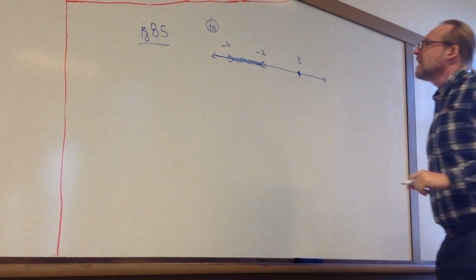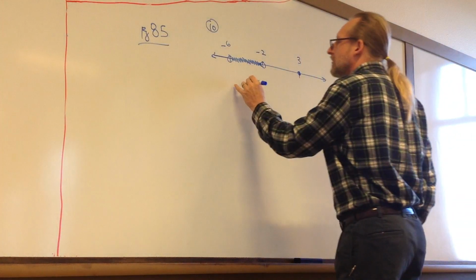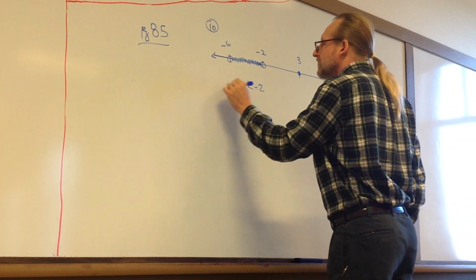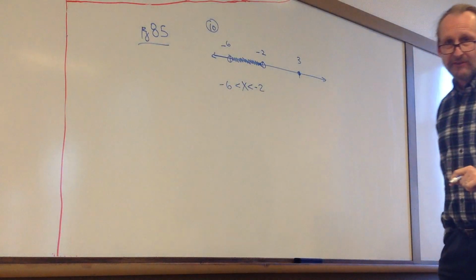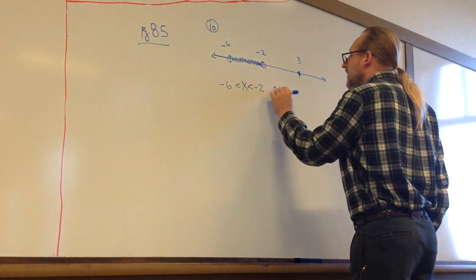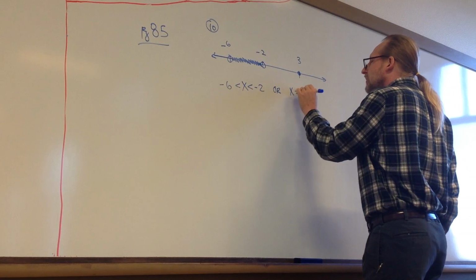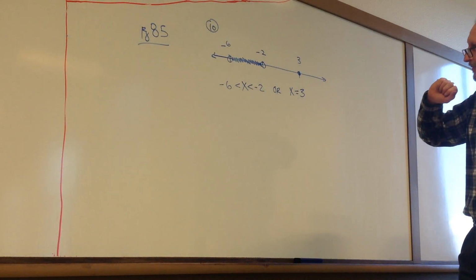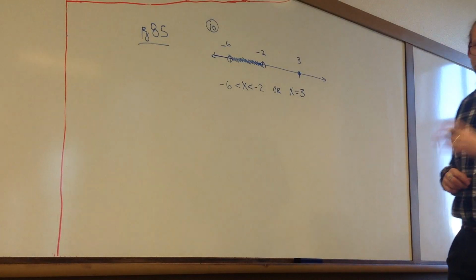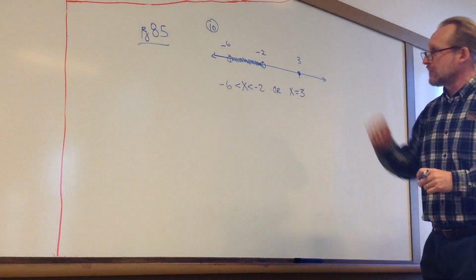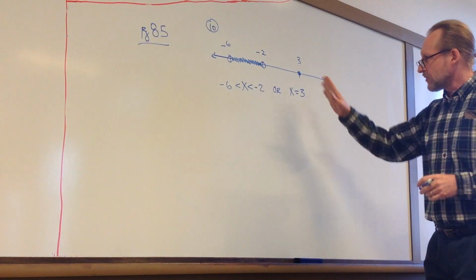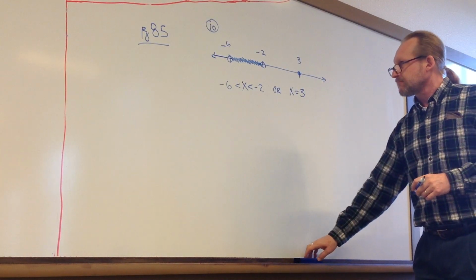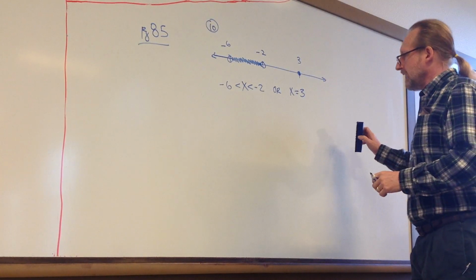So we've got this interval here. We can represent it as x less than -2, but greater than -6. Or this is just 3. So we could just say x equals 3. This happens sometimes in the problems that we're going to be using this for. These situations do sometimes come up. Okay, so that's problem 10.